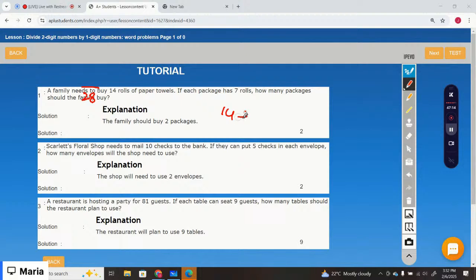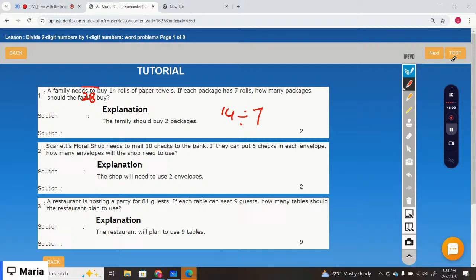So you have to do 14 divided by 7. 14 divided by 7 equals... So 14 divided by 7 is 2.